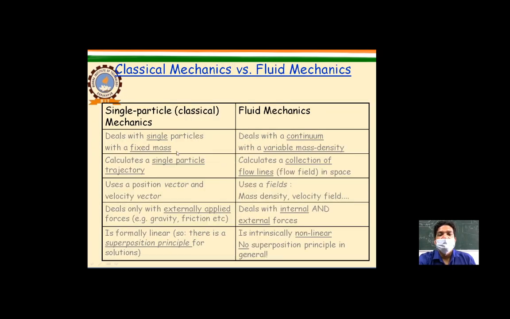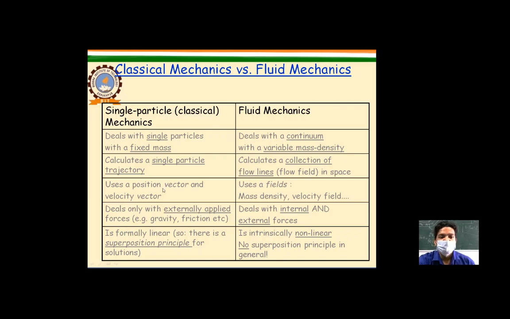If we want to differentiate classical mechanics versus fluid mechanics, classical mechanics deals with single particles with a fixed mass, while fluid mechanics deals with a continuum and a variable mass density. It considers a single particle trajectory, while fluid mechanics considers a collection of flow lines.